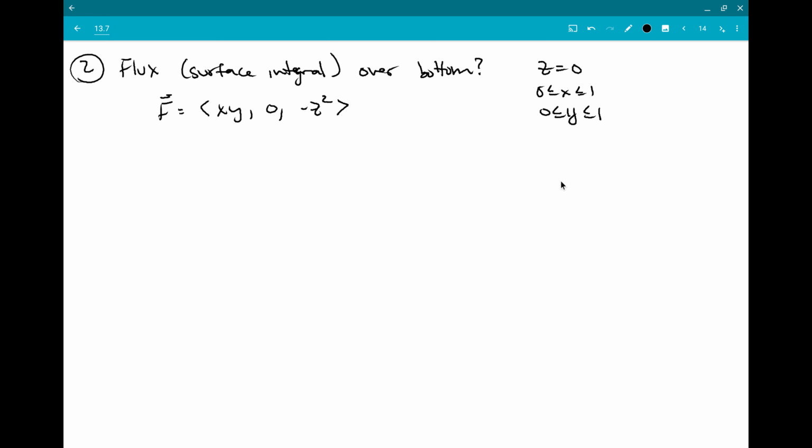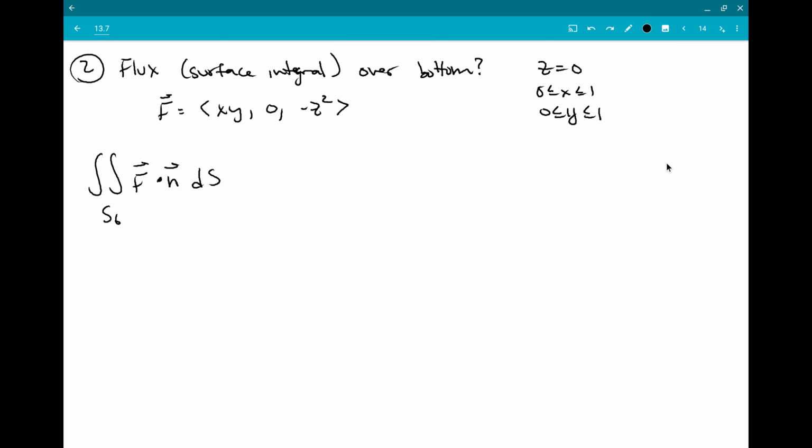All right. And then when we set up our surface integrals, we look at F dotted with the normal vector integrated over the surface. And so the surface is going to be this unit square, 0 less than or equal to x less than or equal to 1.